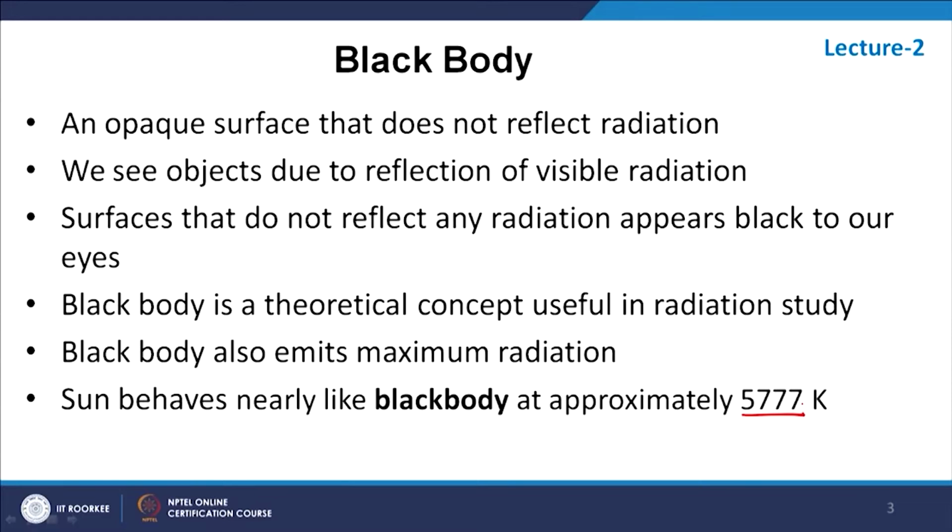Now, the interest in black surfaces basically arose with research in the area of solar radiation. Our sun behaves pretty much like a black body at a temperature of 5777 Kelvin. Later on, researchers tried to fit some mathematical relation to explain the radiation behavior of the sun.